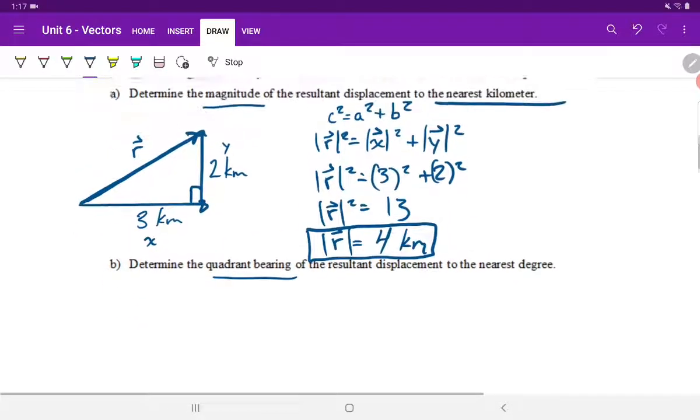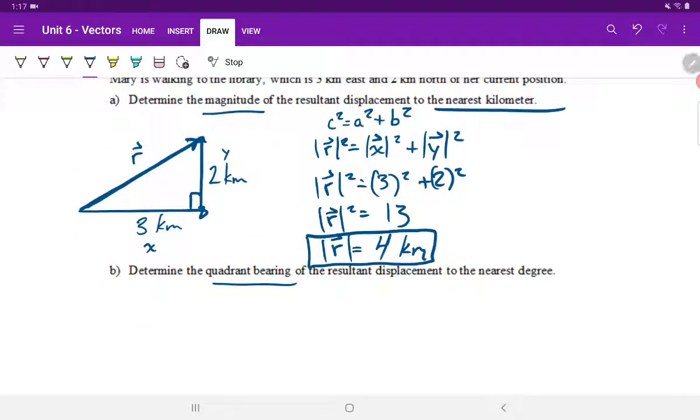Now for the quadrant bearing, let's look at our diagram. I'll just put an imaginary axis here. To find the quadrant bearing, I am looking for this angle right there, from the north line towards the east.